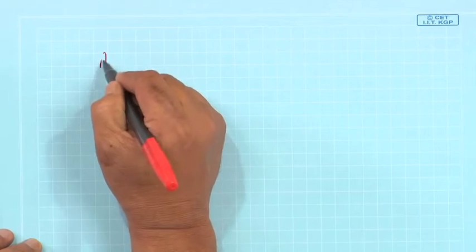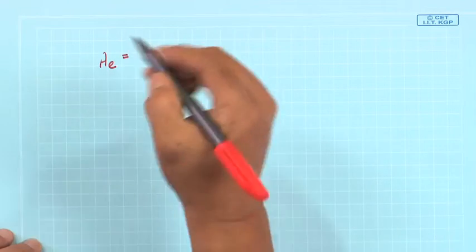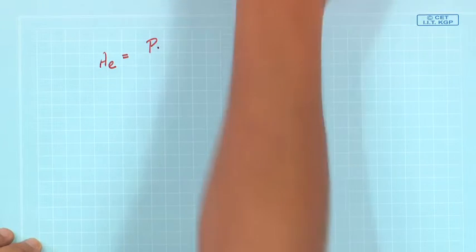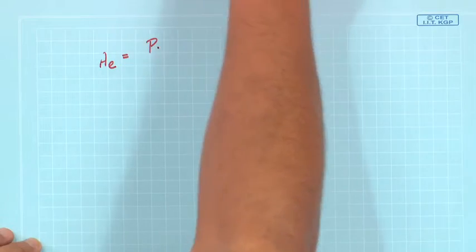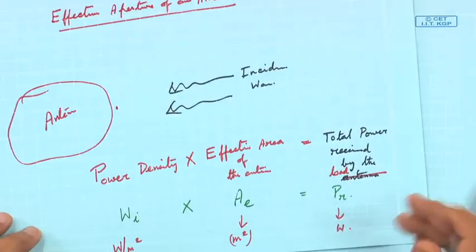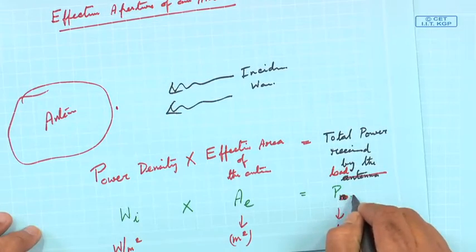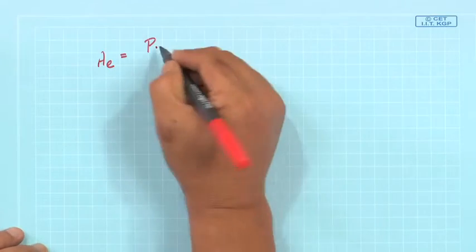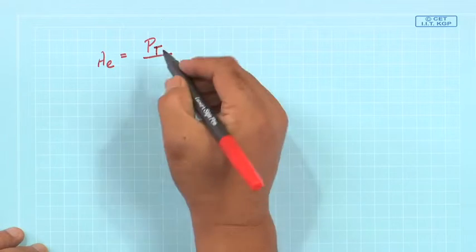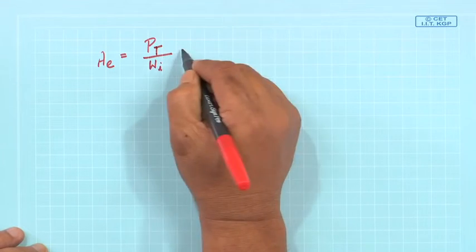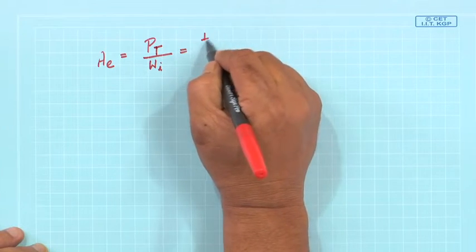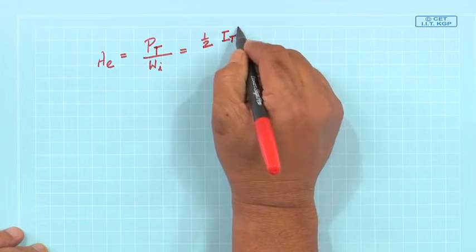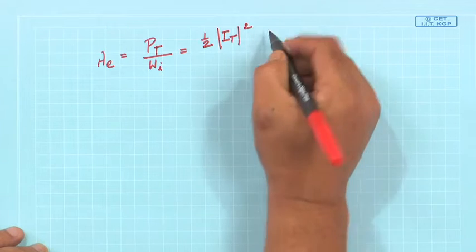Now let us see how to find it for an antenna. I can now write that the effective area AE is PT divided by Wi. There will be some confusion with the letter nomenclature, so let us make it PT. So AE is equal to PT by Wi. What is PT? PT is half IT star, that is half IT mod square, times RT.